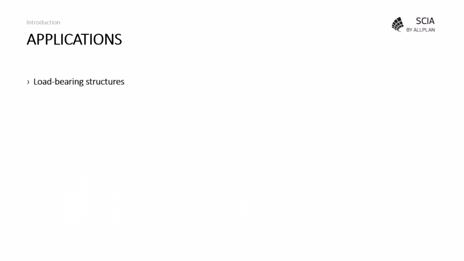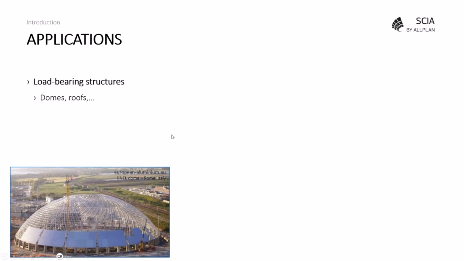Next to that, we also have the load-bearing structures. Think about long span roof systems in which live loads are small in comparison to the dead loads. For example, our domes that we saw earlier, or large span areas and auditoriums.